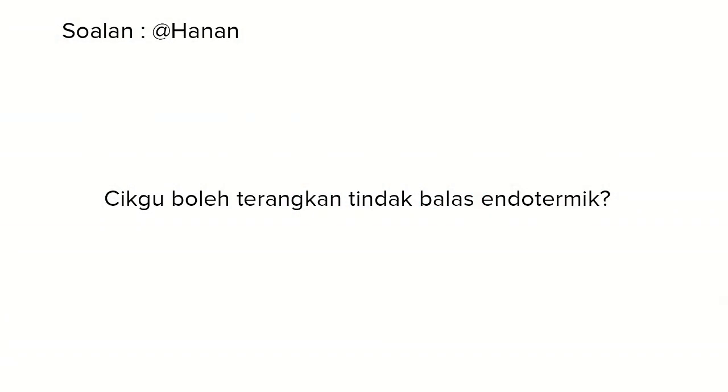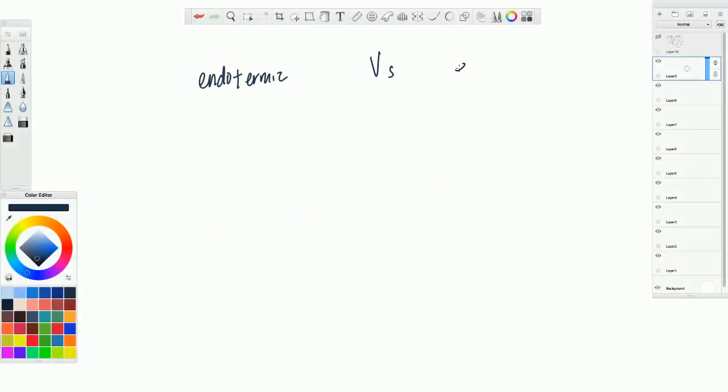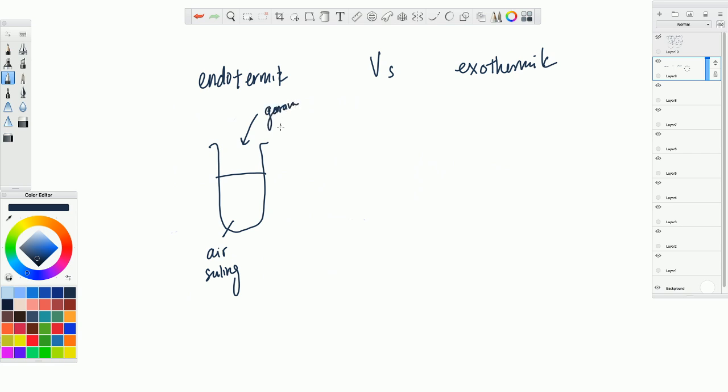Terangkan tindak balas endotermik dan tindak balas eksotermik. Okey. Untuk endotermik, haba diserap. Contohnya, apabila kamu ada air suling dan tambahkan garam biasa, natrium klorida.